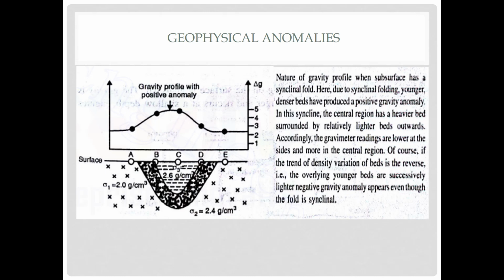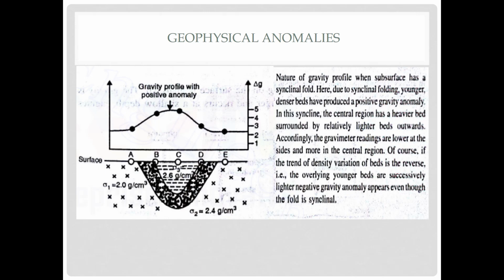So in here, the younger, denser beds have produced a positive gravity anomaly. In this syncline, the central region has a heavier bed surrounded by a relatively lighter bed outwards.